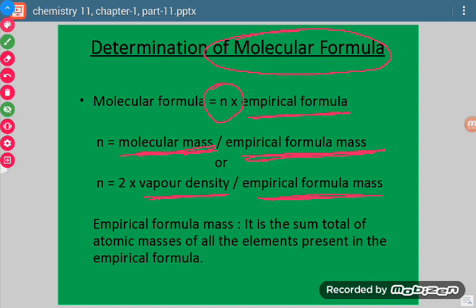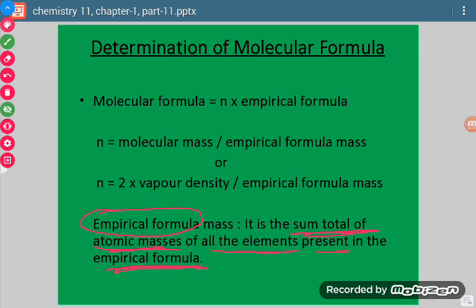Now what is empirical formula mass? Whatever empirical formula we get, we will add all the atomic masses of all the elements present in the empirical formula. That will give us the empirical formula mass. So there are these two formulas which can be used for determination of n.